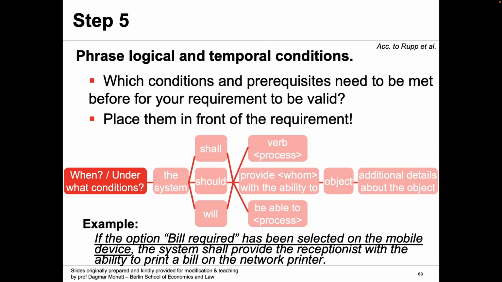And here, if this option is selected, then the action is going to take place on a particular object and all that stuff. So the system shall print if the option bill required is there.